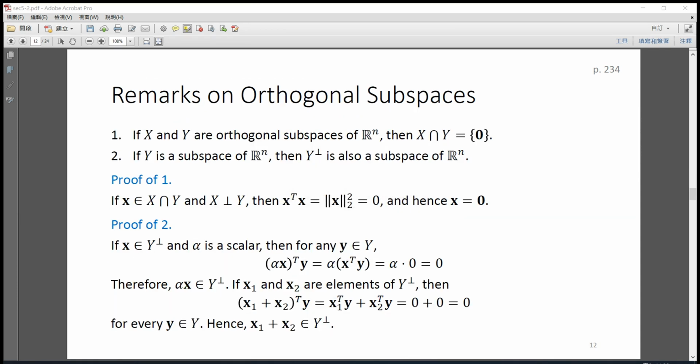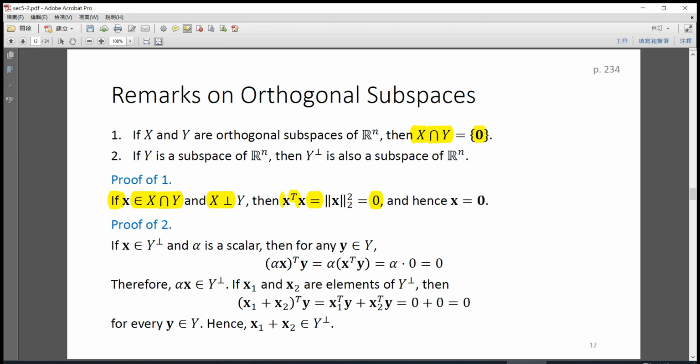In this slide, we present two remarks on orthogonal subspaces. First, if X and Y are orthogonal subspaces of Rn, then the intersection of X and Y equals the set of the zero vector. Suppose x is in the intersection of X and Y. Since X and Y are orthogonal subspaces, the scalar product of x and itself equals 0.